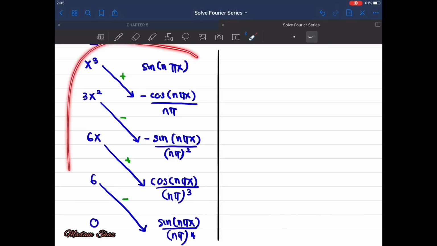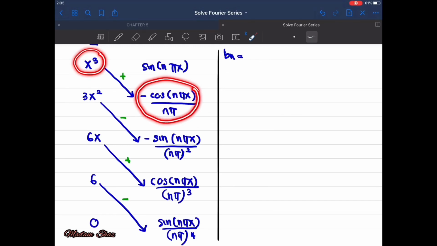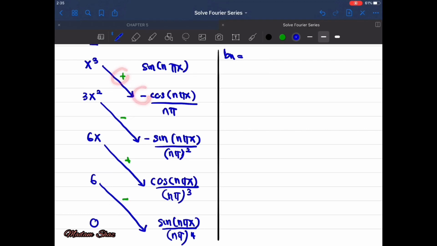So now from the tabular method that we have right here, we have to write the answer. Bn is equal to x to the power of 3 multiply with the negative cos n pi x over n pi. Positive with the negative sign will become negative x to the power of 3 cos n pi x over n pi.